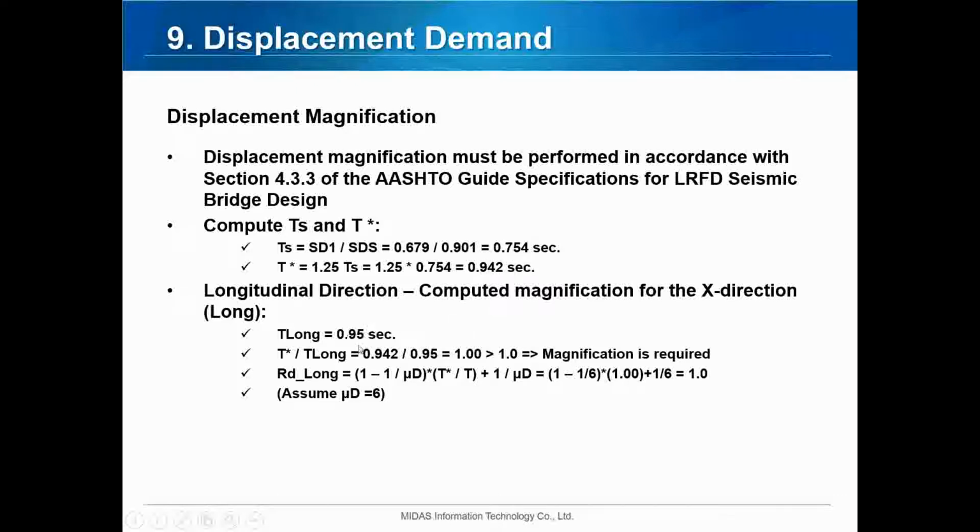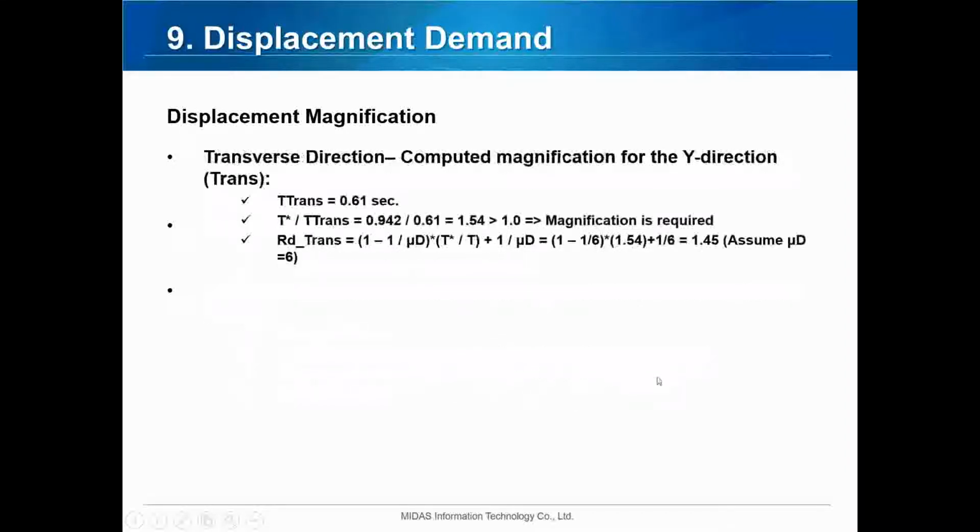And so for the longitudinal direction, the modification was just about 1, and 1 is the cutoff, so we said, well, we're going to modify that. And then in the transverse direction, our modification came out to 1.45. 1.54 was greater than 1, so using our equations here, we came up with a modification factor of 1.45.